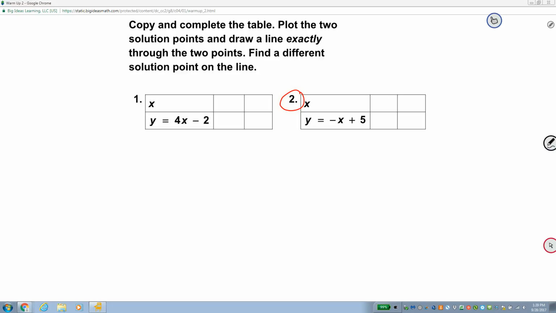Yep, that's all you're going to be doing. Perfect. And then you just put it up in the basket.